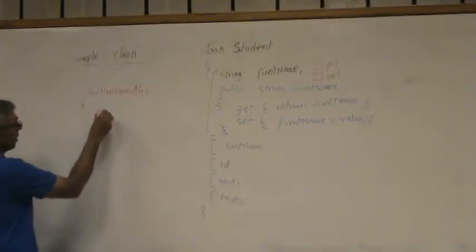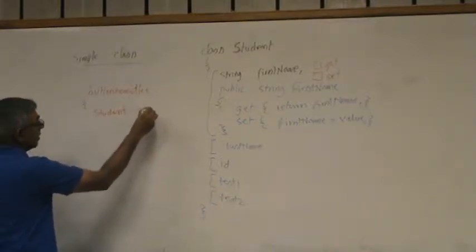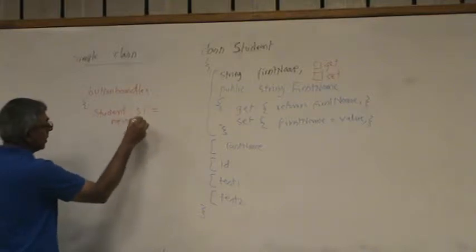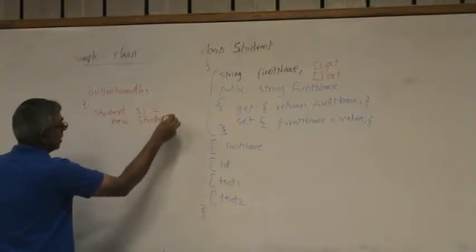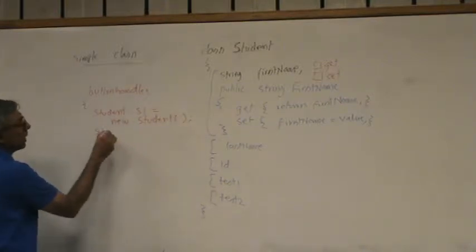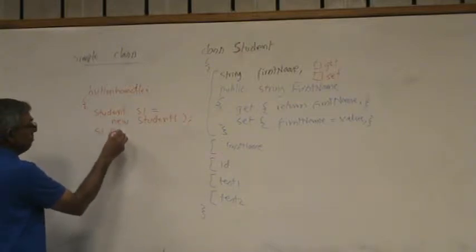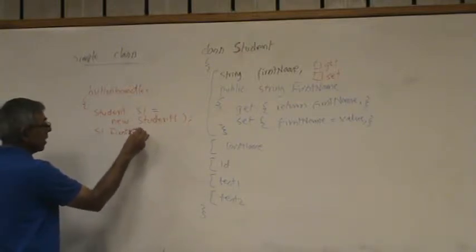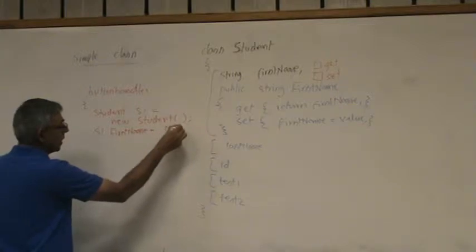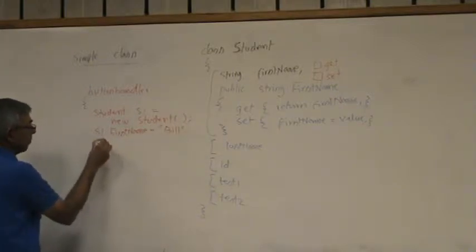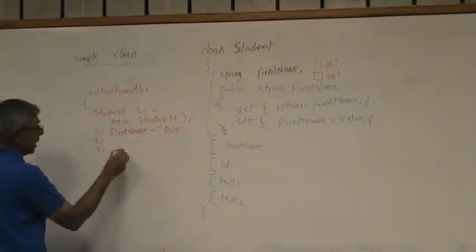So our code looked something like this: Student S1 equal to new Student. Then we did S1.FirstName equal to whatever.